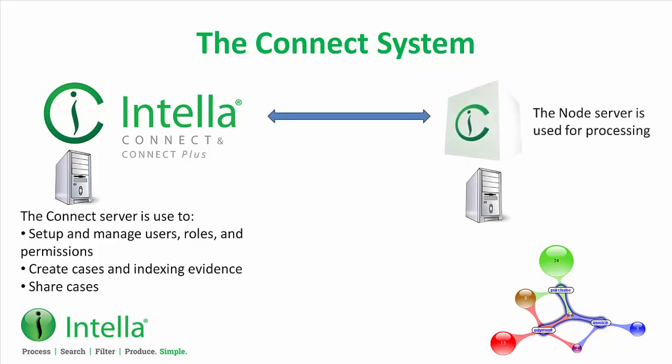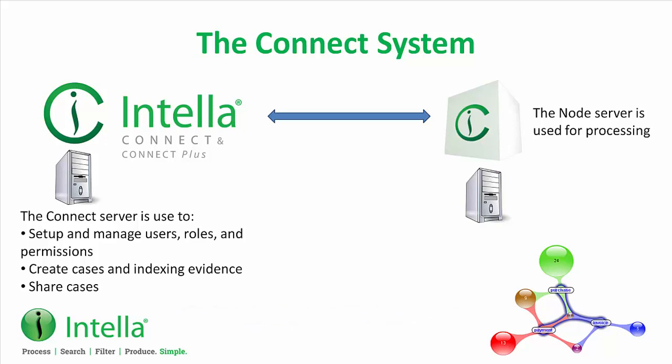The indexing system is a physically separate computer to the Connect server. This system will require sufficient resources for processing, and it should comply with the minimum specifications that we recommend. The specifications for all of our products can be seen at this link. The indexing system runs IntelliNode, which is the processing component for the overall Connect system.